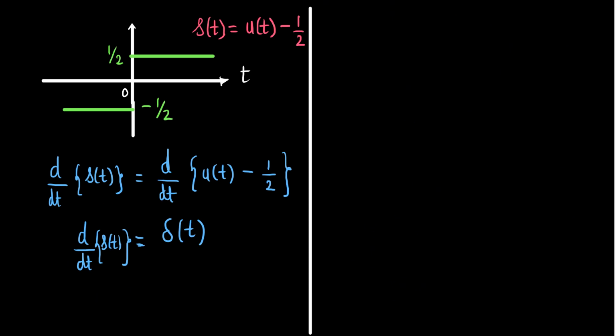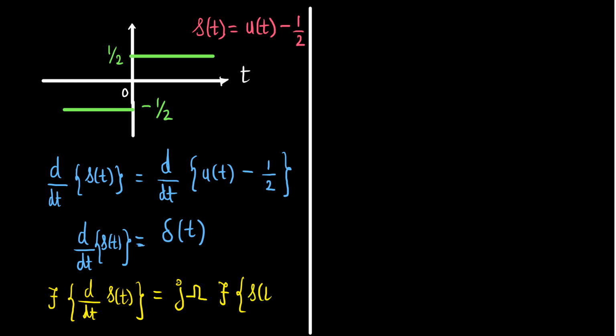So in this case, the Fourier transform of the derivative of s of t, which is del t, is going to be j omega times the Fourier transform of s of t.